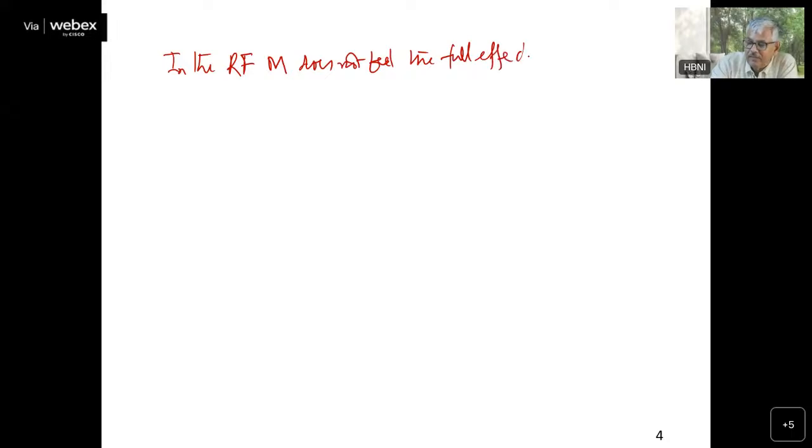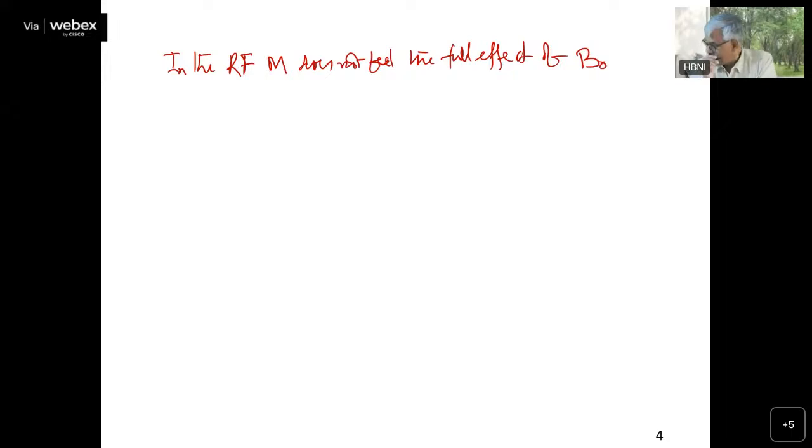So what you will see in the rotating frame system is that the magnetization M along the Z axis does not feel the full effect of B0.